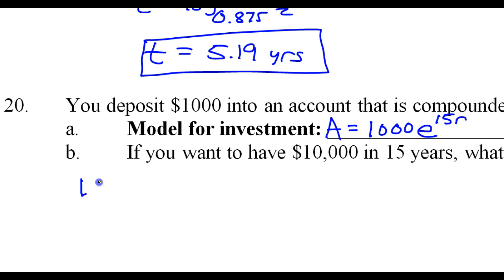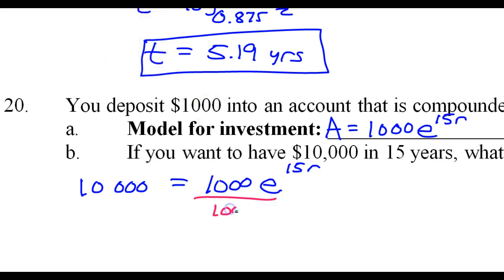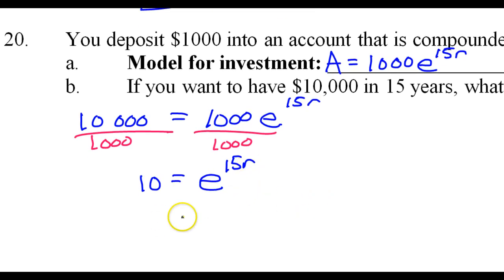So we will have 10,000 equals 1,000 e to the 15r power. If we divide both sides by 1,000, then this is going to make 10. So I have 10 equals e to the 15r power. We just need to solve this for r.